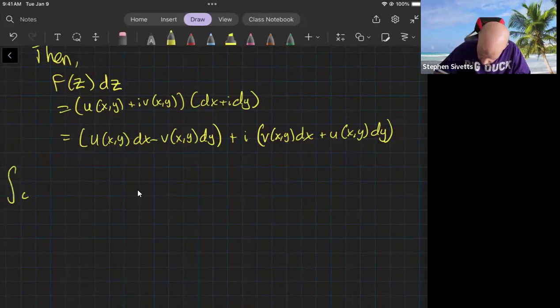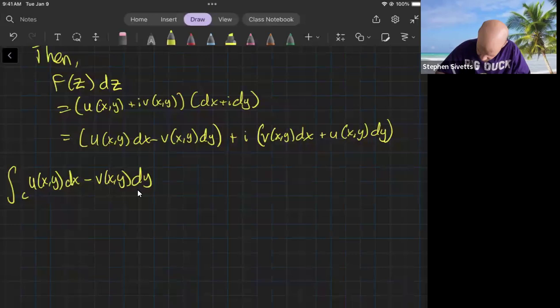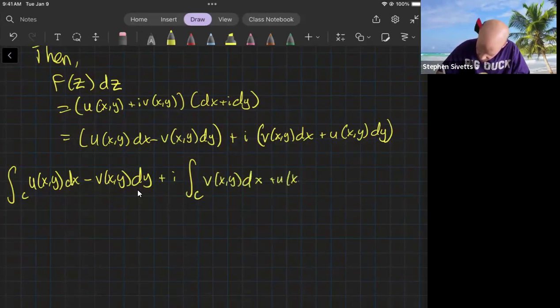So the line integral of u of x,y dx minus v of x,y dy, plus i times the line integral of v of x,y dx plus u of x,y dy.